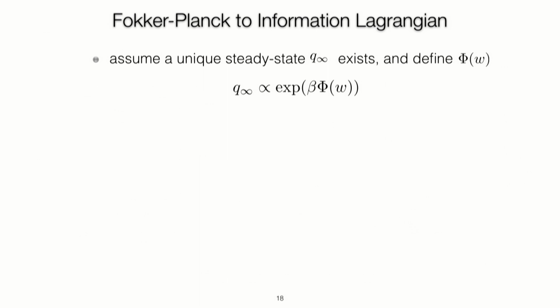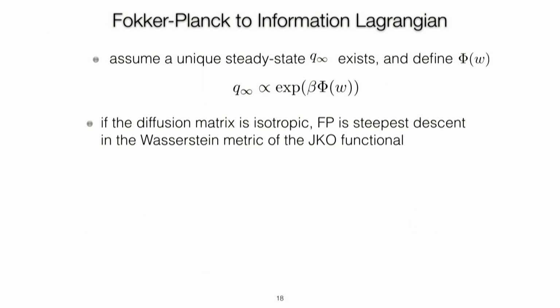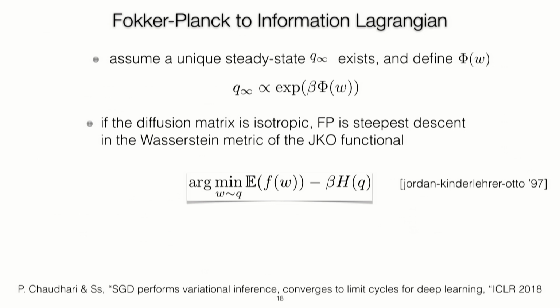So there is an energy phi that you're minimizing, and then you look at what energy in the metric, in a particular metric, in this case Wasserstein, that corresponds to, and that corresponds to the minimizer of the JKO functional, which is well known to people in PDEs.